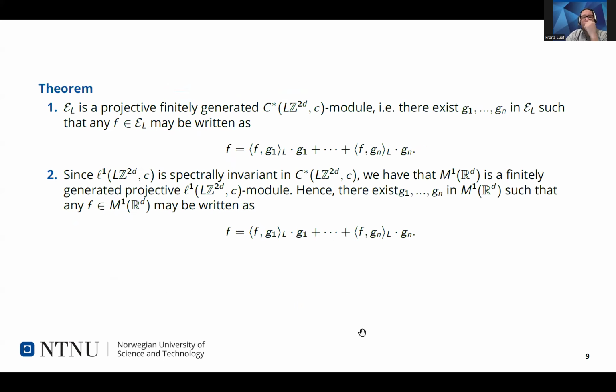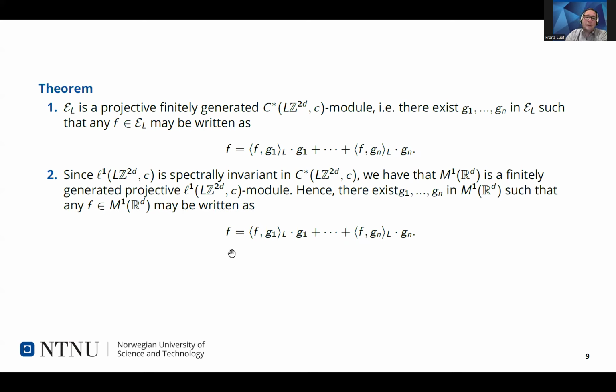Good. In other words, the key thing about these Heisenberg modules is that they are finitely generated for any invertible matrix L, so for any lattice of R^2d of full rank. So in other words, there exist generators g_1 to g_n, such that any f in the module can be written in this form, as a finite sum of finite rank operators.